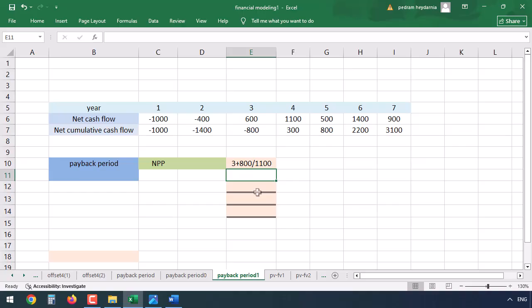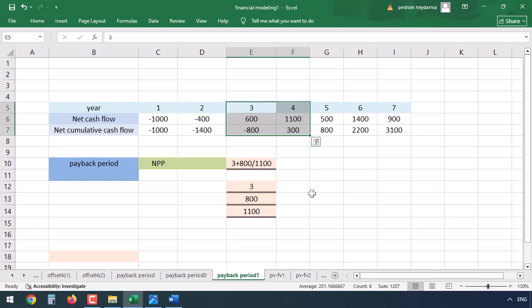We write equals 3 plus 800 divided by 1,100. It becomes 3.7 years. We had a number 3 here. We had a number 800. We had a number 1,100.